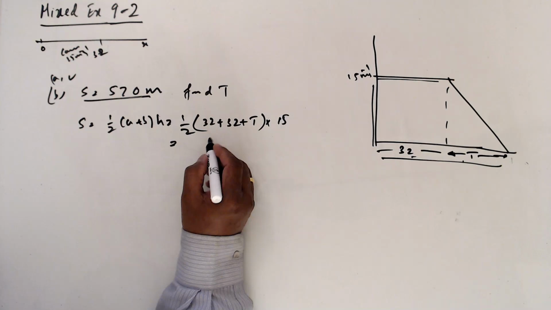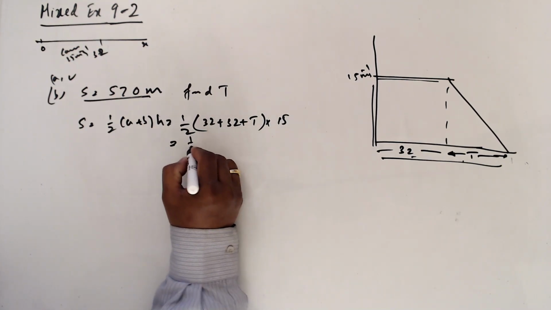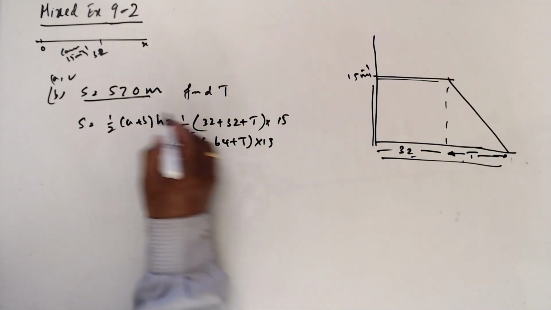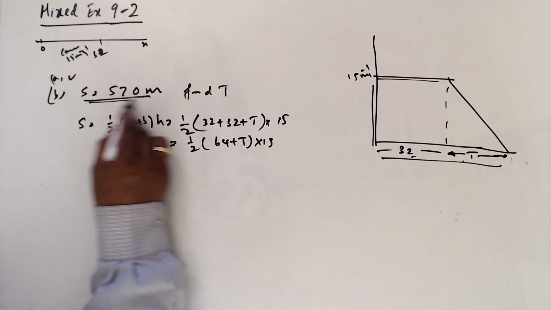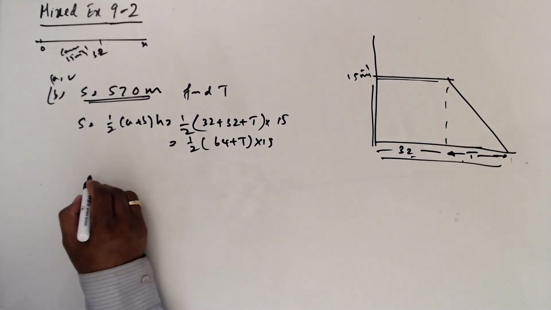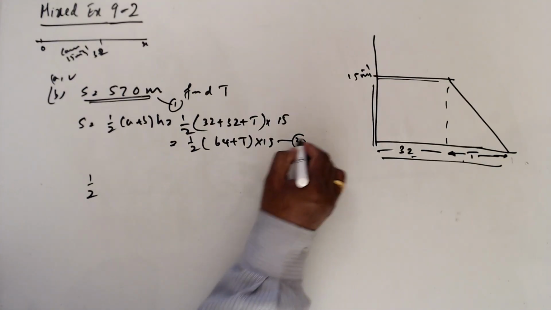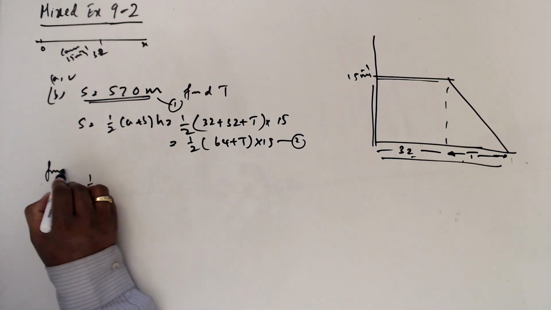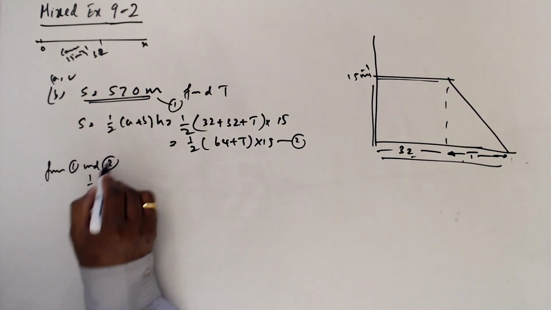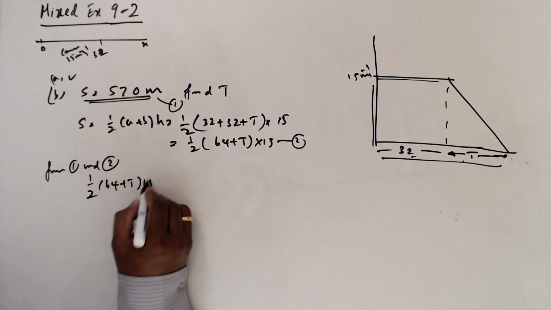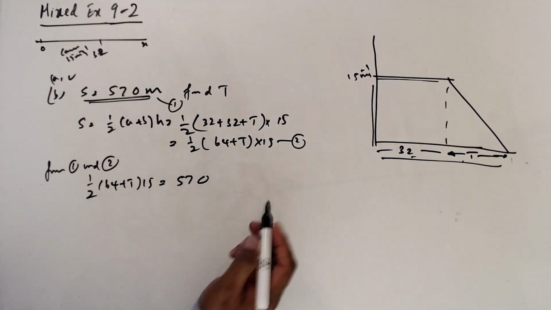So this is half times (64 plus T) times 15, and this should be equal to 570. Call these 1 and 2. From 1 and 2, half times (64 plus T) times 15 equals 570.